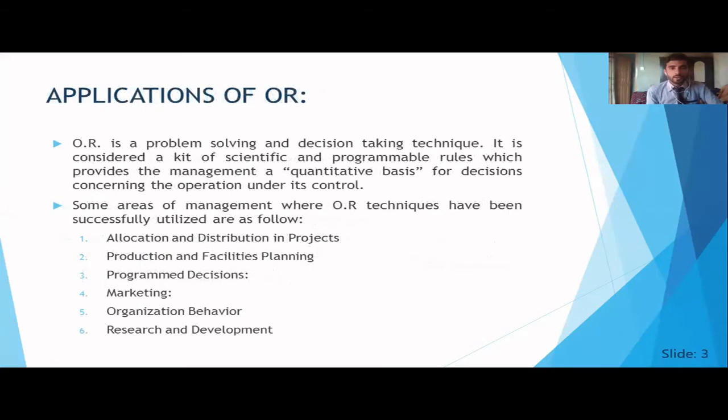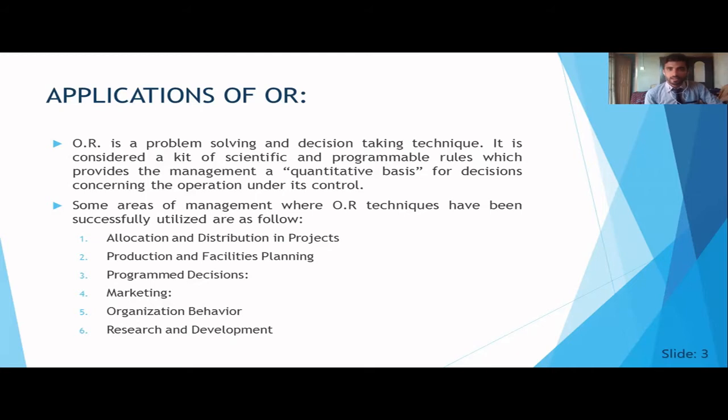After it, the applications of operation research. Operation research (OR) is a problem solving and decision taking technique. It is considered a kit of scientific and programmable rules which provide the management a quantitative basis for decisions concerning the operation under its control.